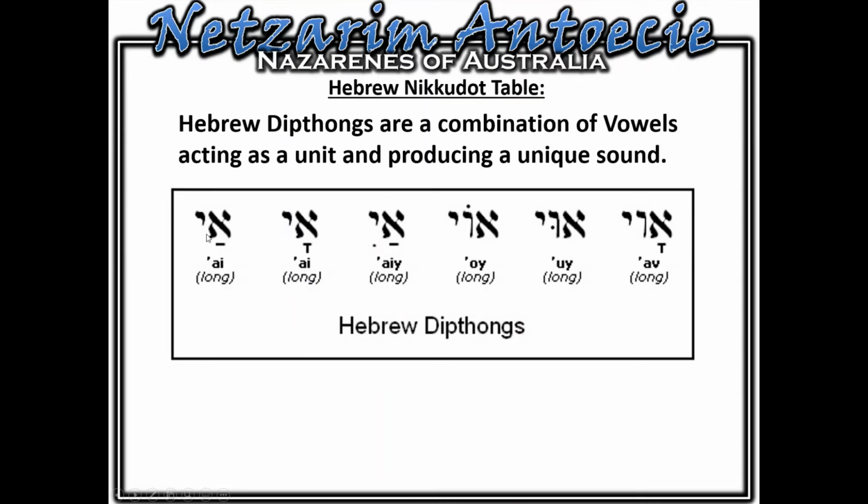They sound very similar, but we will do it as we go along. You will then discover exactly how to say them. And diphthongs are literally a combination of vowels acting as a unit and producing a unique sound.